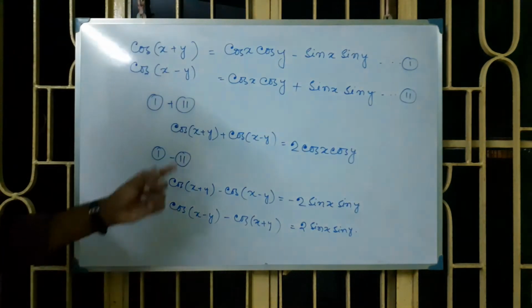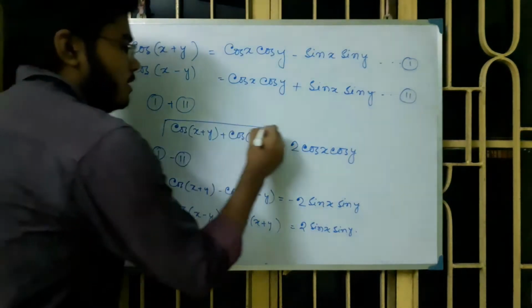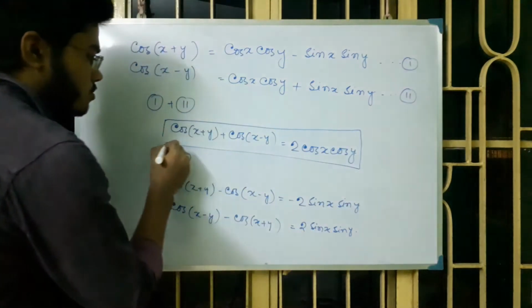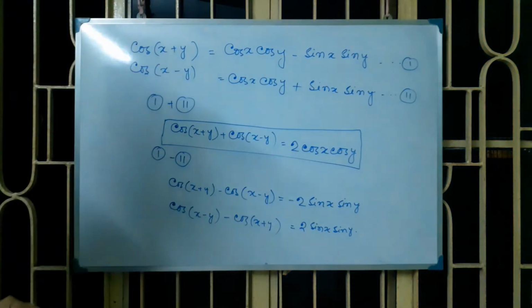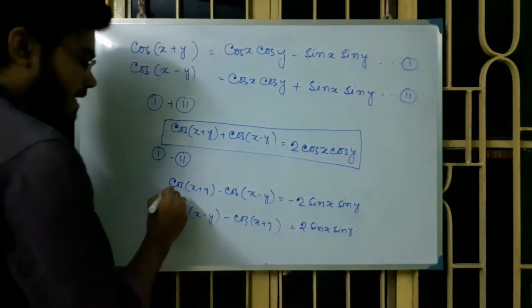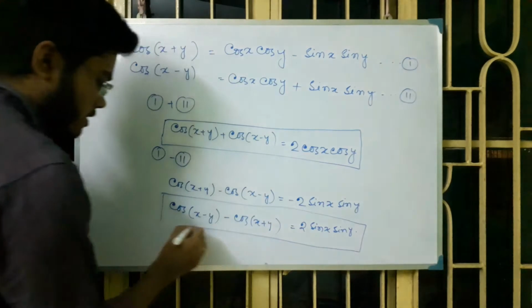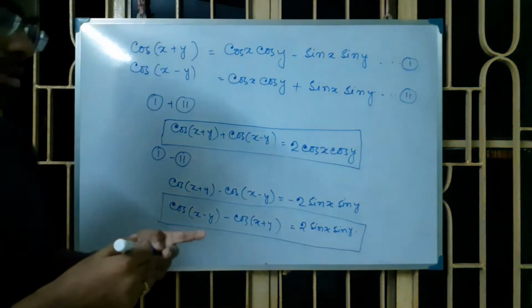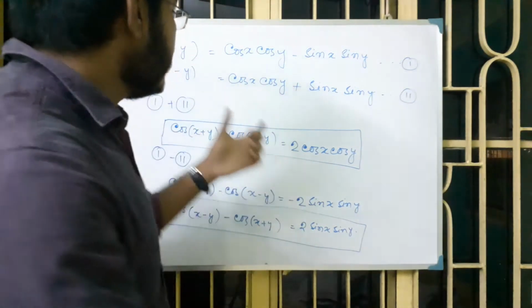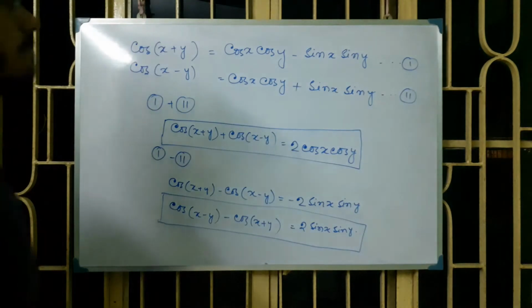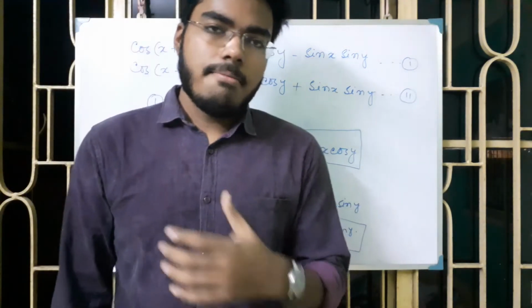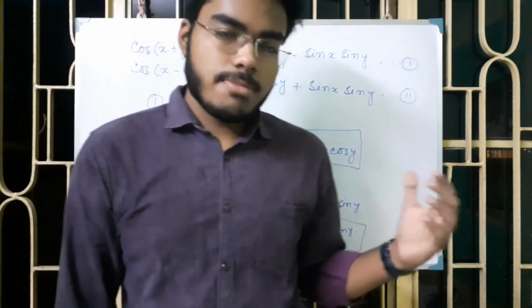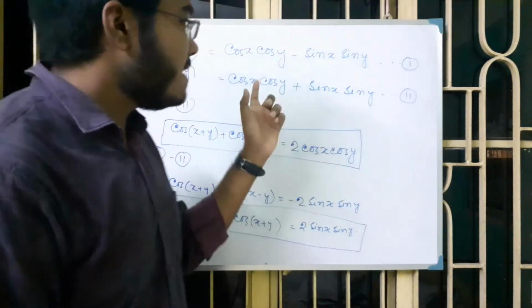So how to remember that 2 cos x cos y equals cos(x+y) plus cos(x−y), and 2 sin x sin y equals cos(x−y) minus cos(x+y)? It's very easy. Just remember that cos(x+y) equals cos x cos y minus sin x sin y, and cos(x−y) equals cos x cos y plus sin x sin y.